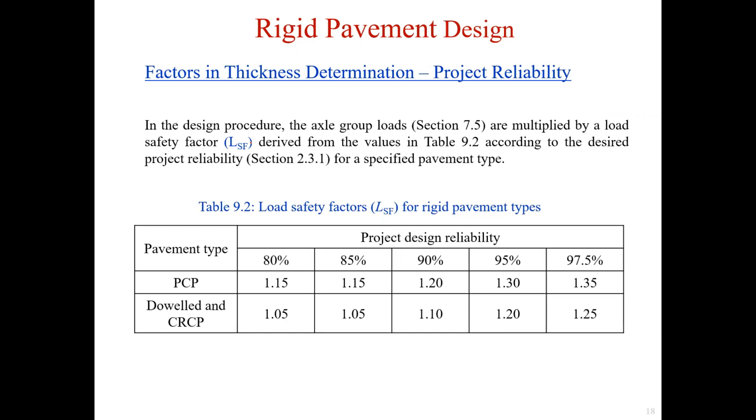The final factor is the project reliability. During design, the actual group loads are multiplied by a load safety factor, LSF, for specified rigid pavement type. For PCP and DOT and CRCP, here the DOT mainly represents the joint reinforced concrete pavement, JRCP.